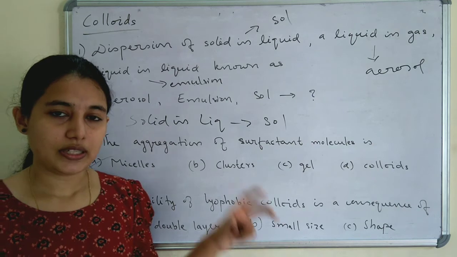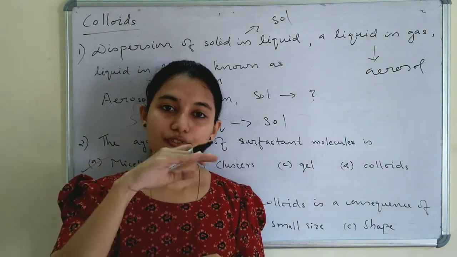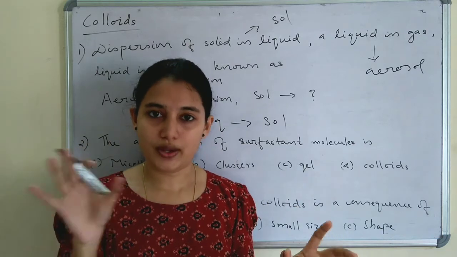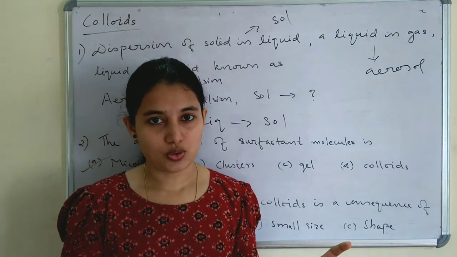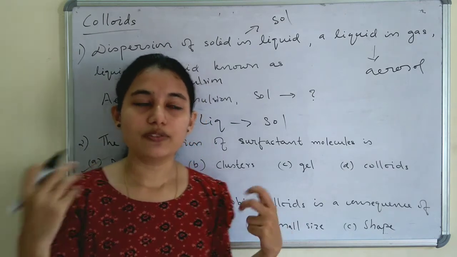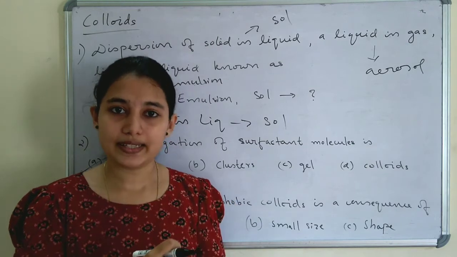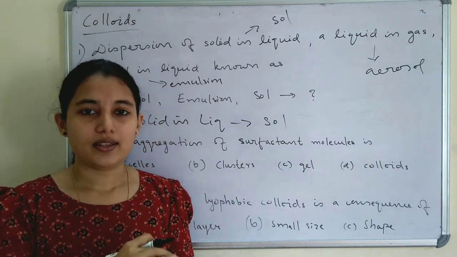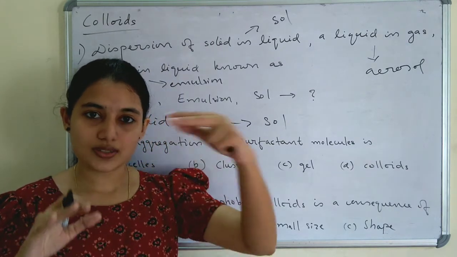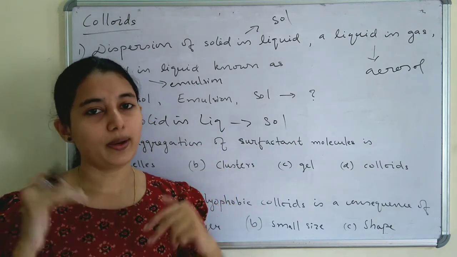In double layer theory, it states that the colloids form two layers. The first layer is a fixed layer of ions that have a charge, which depends upon the ions which adsorb on the surface. So if negative ions are adsorbed, then the first layer will be negative in charge. And the second layer is the mobile layer. The first layer is fixed and the second layer is always moving.